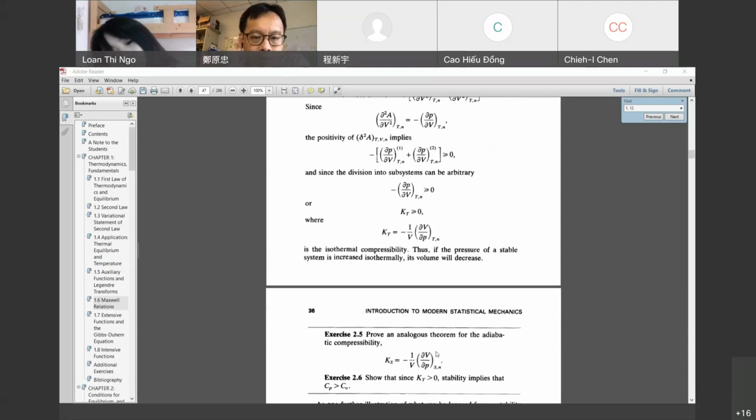Exercise 2.1: prove an analogous theorem for the adiabatic compressibility. Normally I do not explain my questions, so understanding the question itself is part of the test. It's part of the homework.